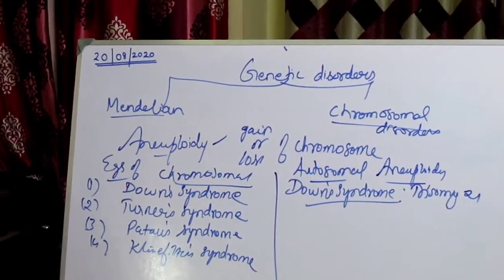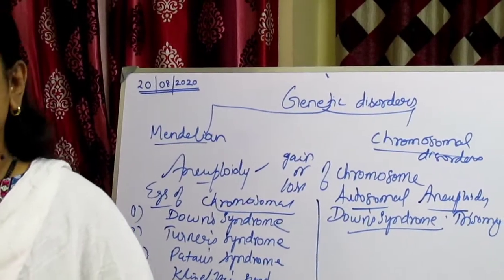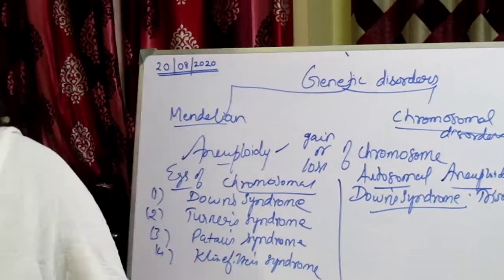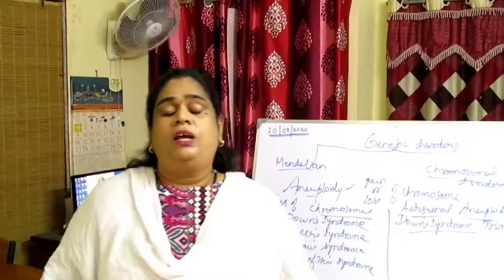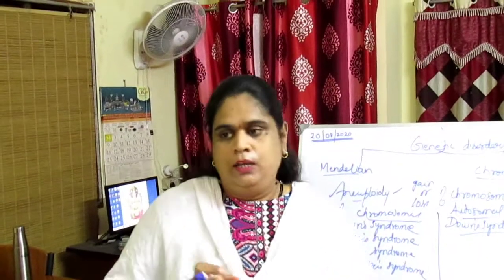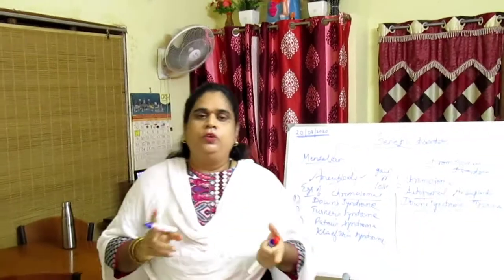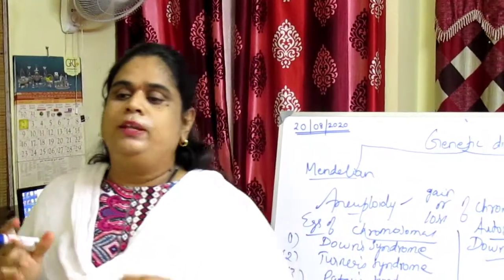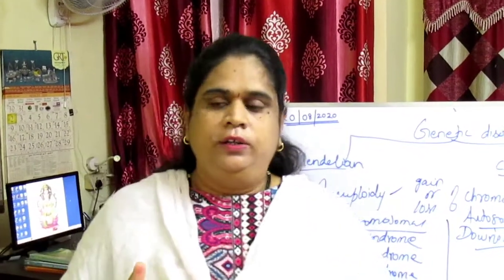This is a genetic disorder due to the presence of an additional copy of chromosome 21. This disorder was described by Langdon Down in the year 1866.